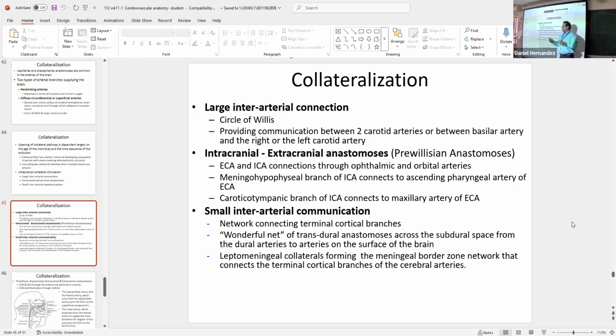You're not sure now. It looks like the ECA because of these collateral pathways. The ECA vessels are now feeding into the brain, feeding into the ICA, acting as a collateral pathway, so it's going to change the ECA. We're going to learn in a moment that this is a condition referred to as internalization of the external carotid artery, internalization of the ECA.